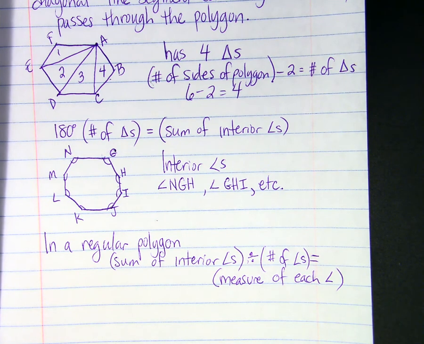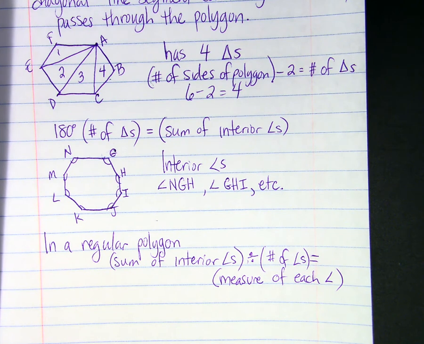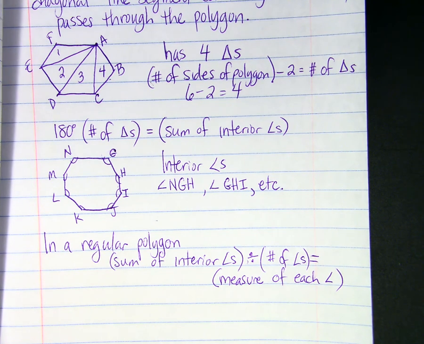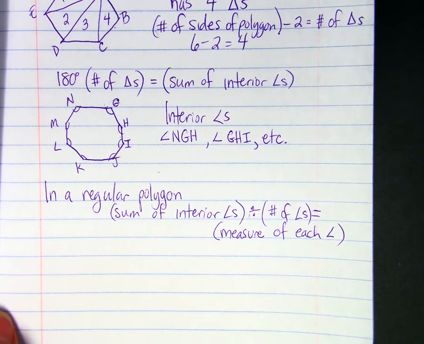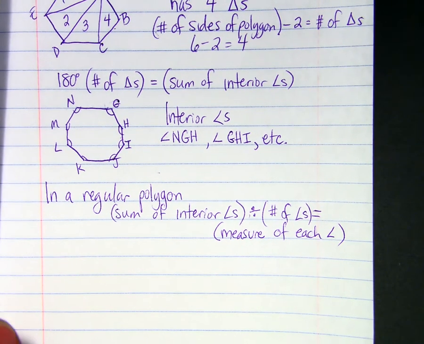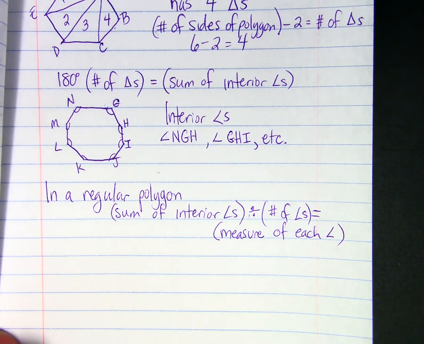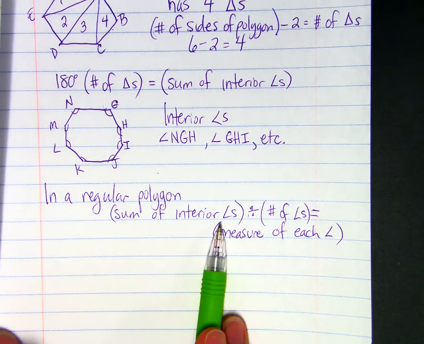In your book, if we look at example 2, you will see an example of finding the measure of each angle. So, example 2, they had a regular hexagon inscribed in a circle. Hopefully you guys remember inscribing hexagons in a circle with a compass. To find the measure, you take the sum of the interior angles.